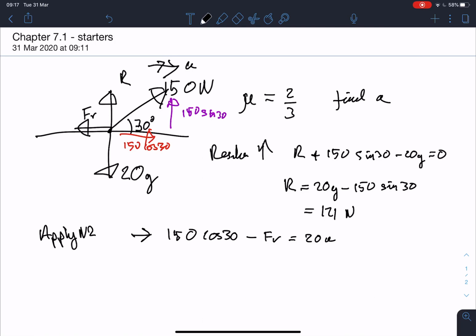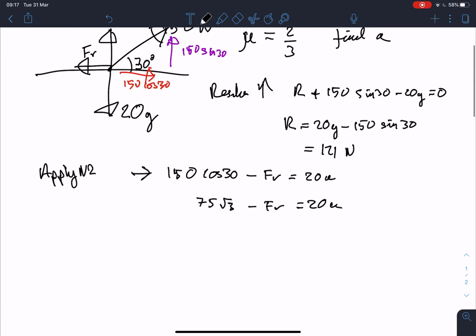Horizontally, we get 150 cos 30 minus the friction is equal to 20a, and we should have put the acceleration on up here. So then, what have we got? Cos of 30 we know is root 3 over 2, so that's 75 root 3 minus the friction equals 20 lots of the acceleration.